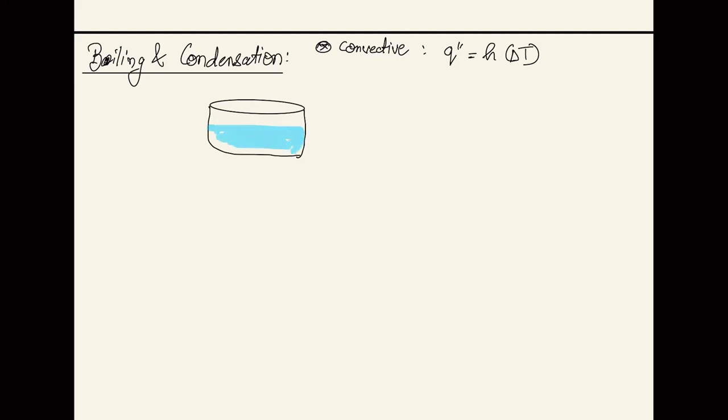You are putting this vessel on a burner to boil this water. So maybe you're preparing a cup of tea for yourself, or a plate of Maggie.